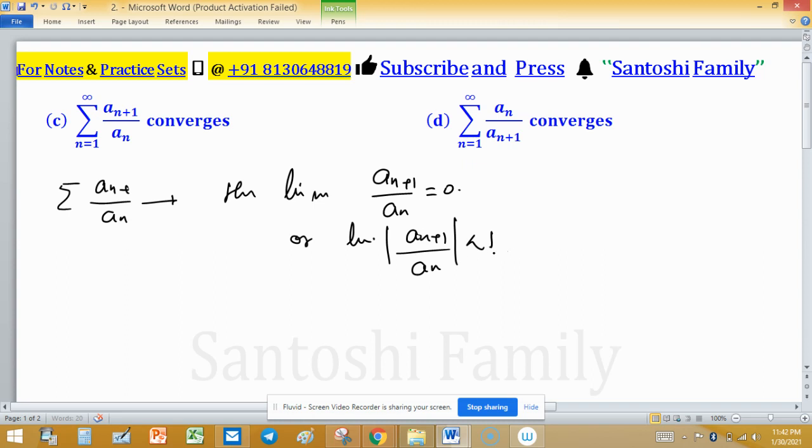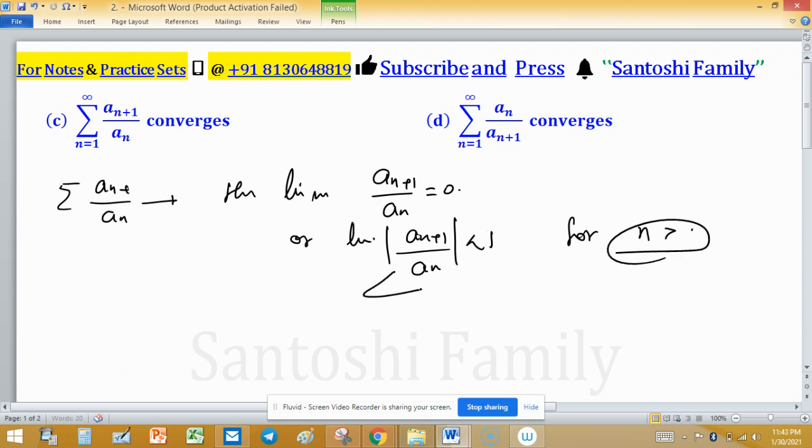We can say less than 1 because if this limit is 0, it means the ratio is going to be less than 1 for sufficiently large n.